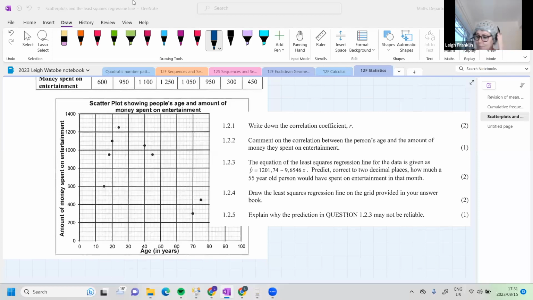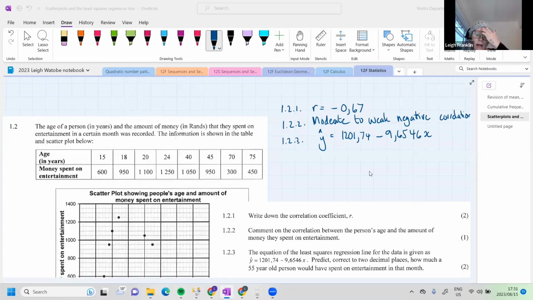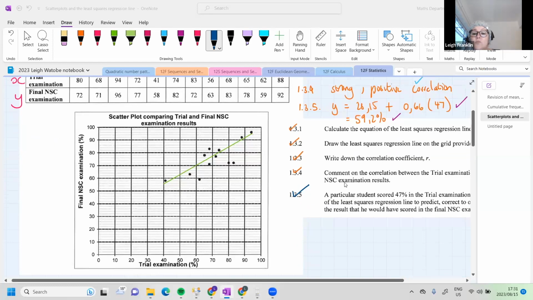That's why the gradient of the line is negative. Remember, the b value, the one in front of the x, tells us the gradient of the line. Okay, so negative 9,6546, as opposed to this gradient over here, this was bigger.